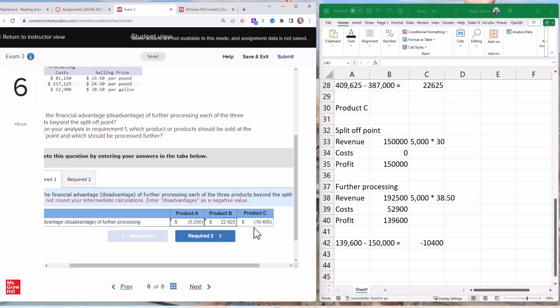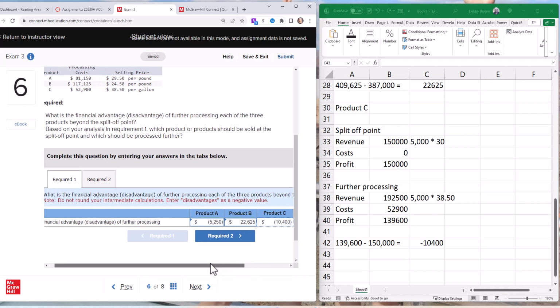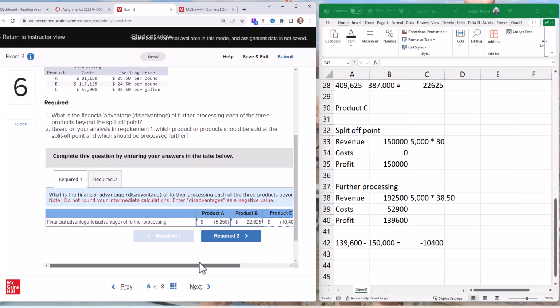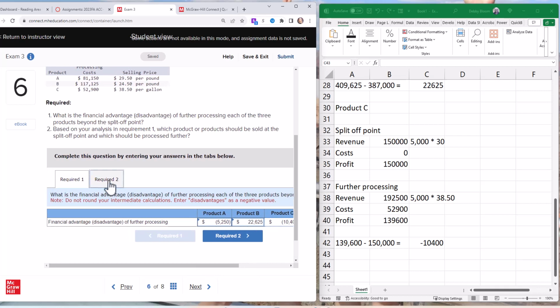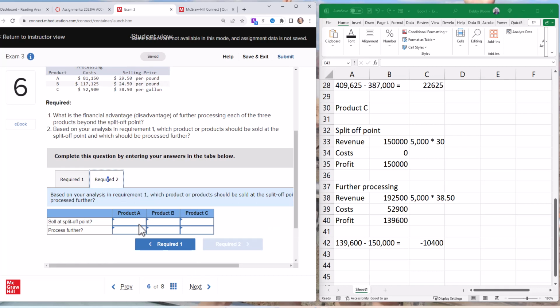So that goes in as a negative 10,400. For the next part, only the ones that have an advantage would we go and further process. You don't want to do more work in order to lower your profit. The only time you're going to do more work is to increase your profit. So product B would be the only one that we would sell with further processing. So going into requirement 2, product A would be sold at the split-off point, not processed further.